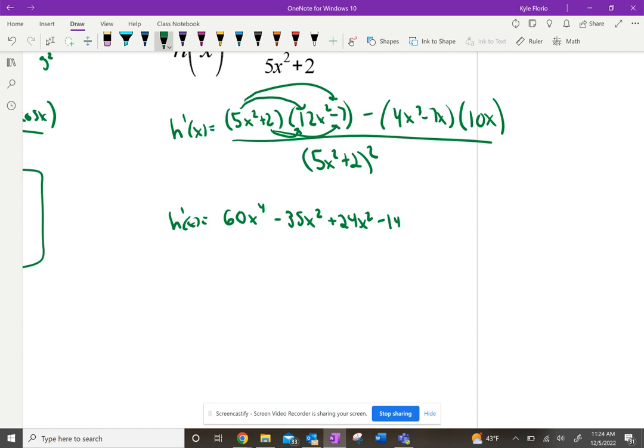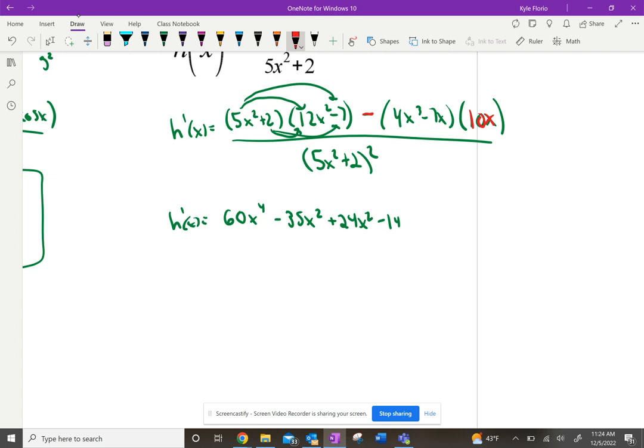I'm going to multiply out the inside before I distribute that negative. So, oh wait, no, this is not a binomial, it's just 10x. We don't have to do that. So think of it as distributing a negative 10x in here.